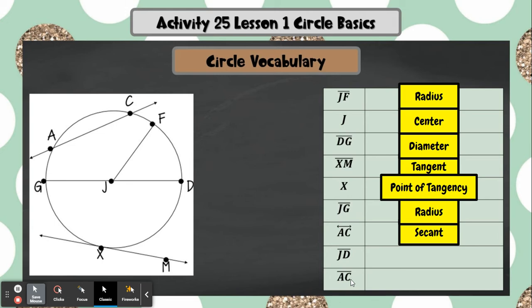This one ends. JD, again, is another radius. And then AC ends at the points. That is a chord. So some of these are very easy to get confused. It just depends on the symbol being used or where it's located.